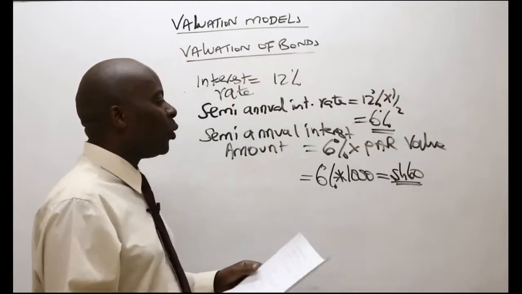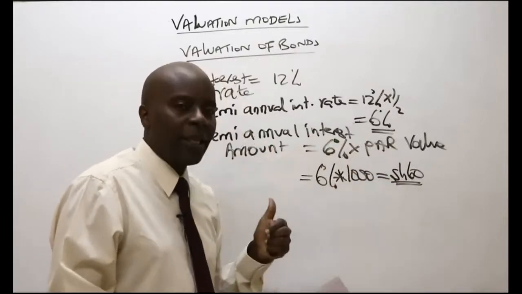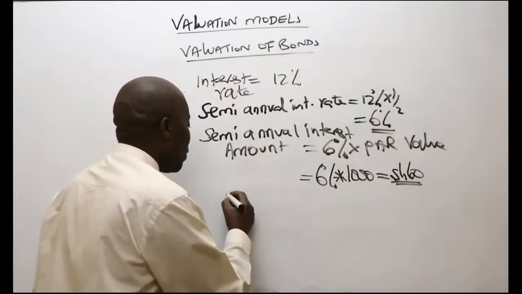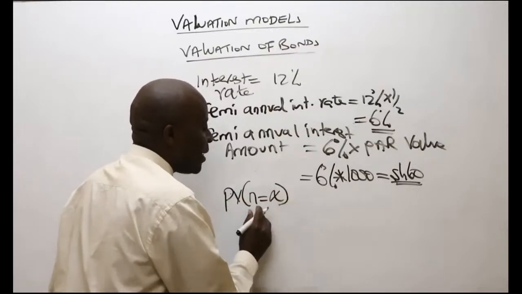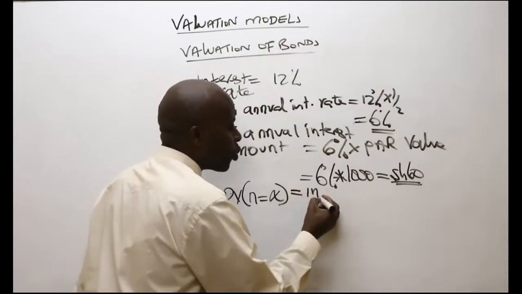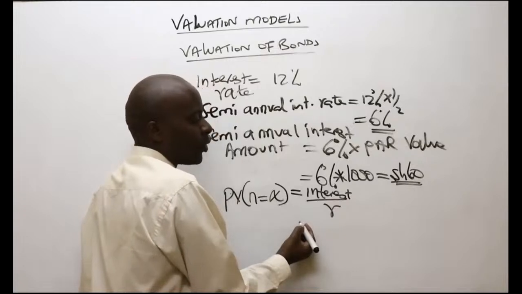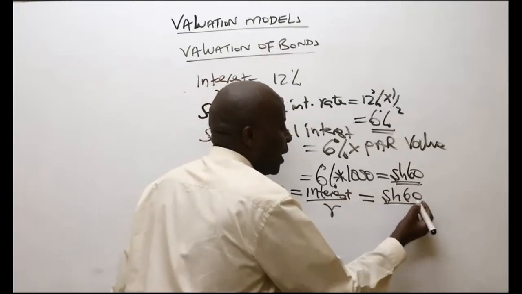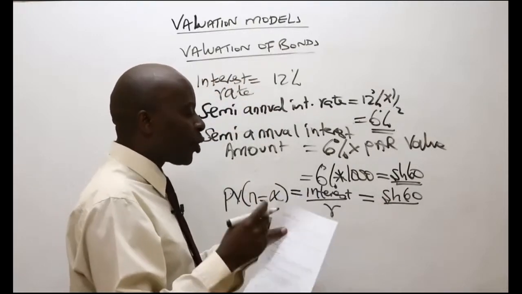Now from there, I would want us to discount these using the annuity infinity model, where I give them the present value, knowing very well that our n is infinity. The concept of 1 over r, the interest all over r. So the interest that you have given me is shillings 60, and then the required rate of return is 20%.